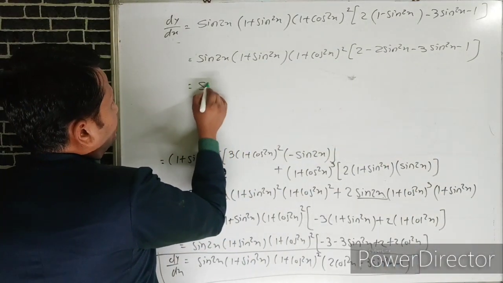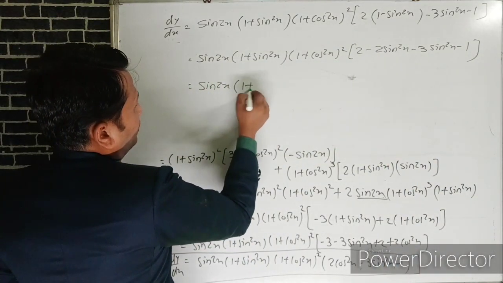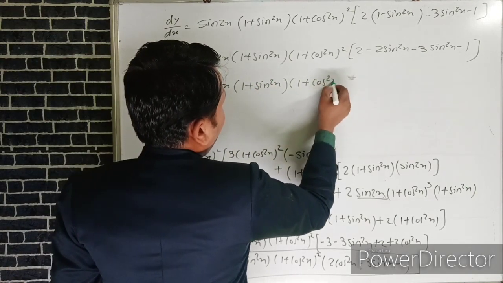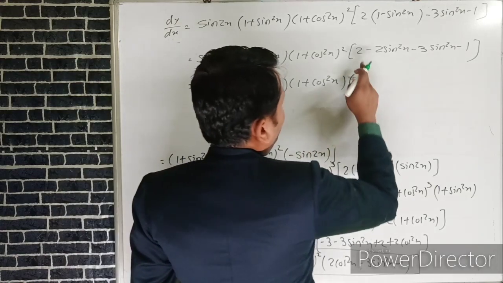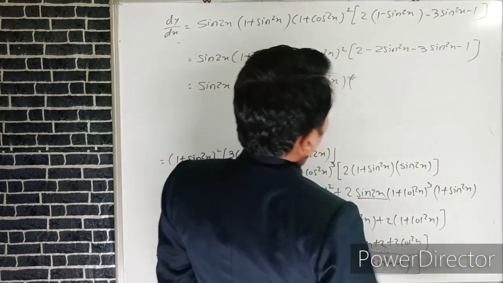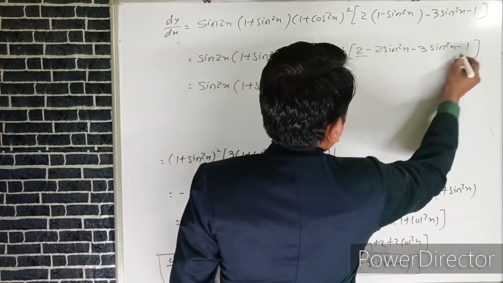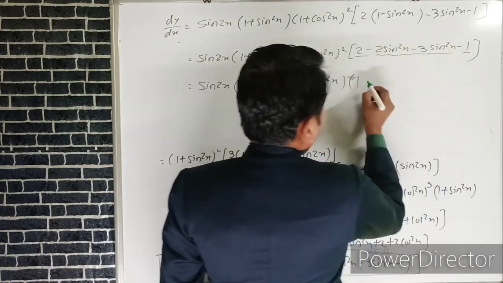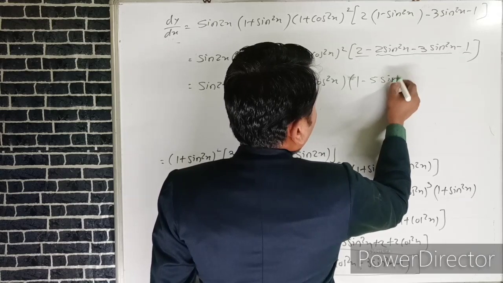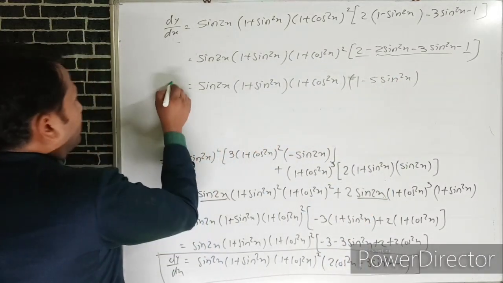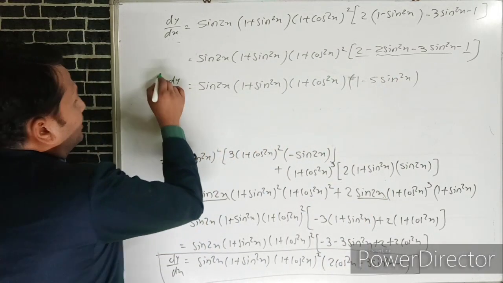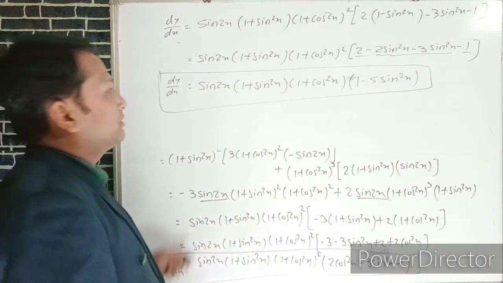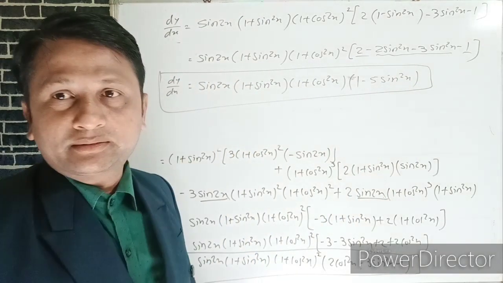After that sin 2x as it is, 1 plus sin square x, 1 plus cos square x into 2 minus 1 is 1, minus 2 minus 3 is minus 5 sin square x, which is the required derivative of y divided upon dx. This is a final terms of dy by dx.